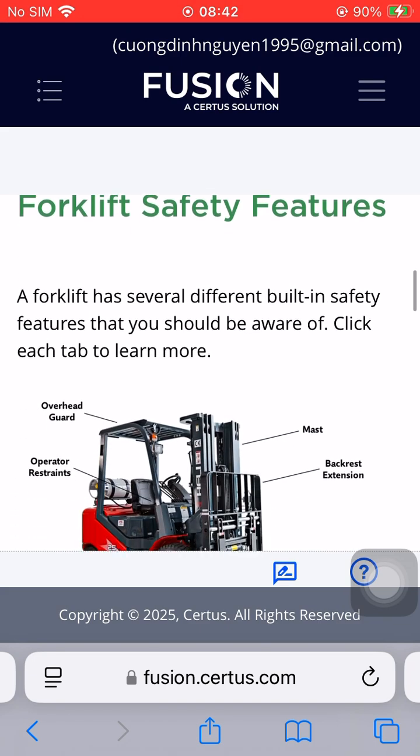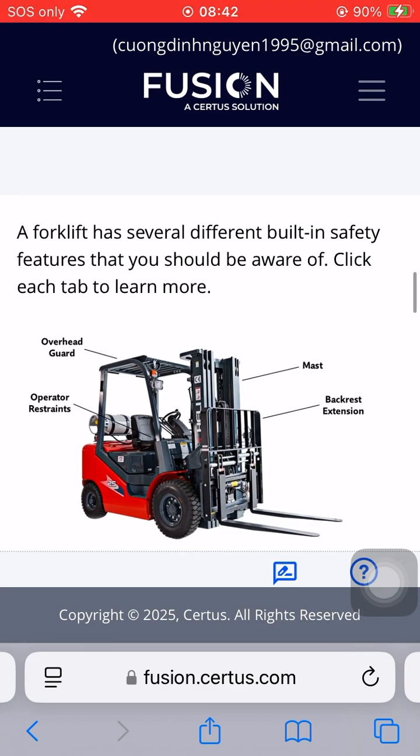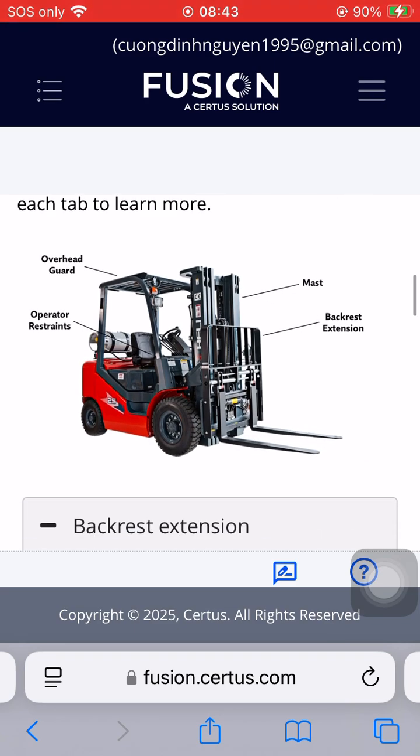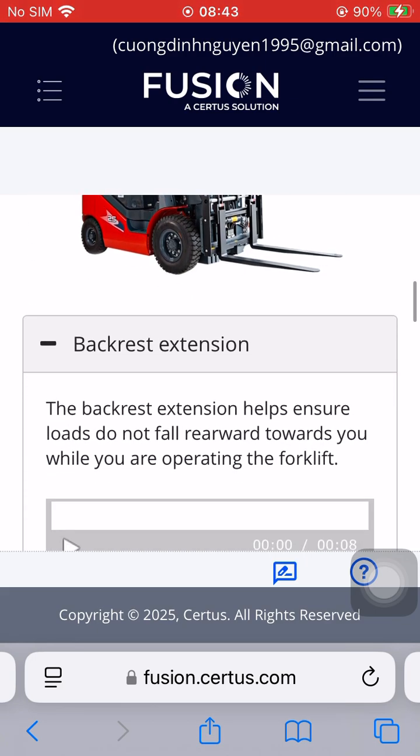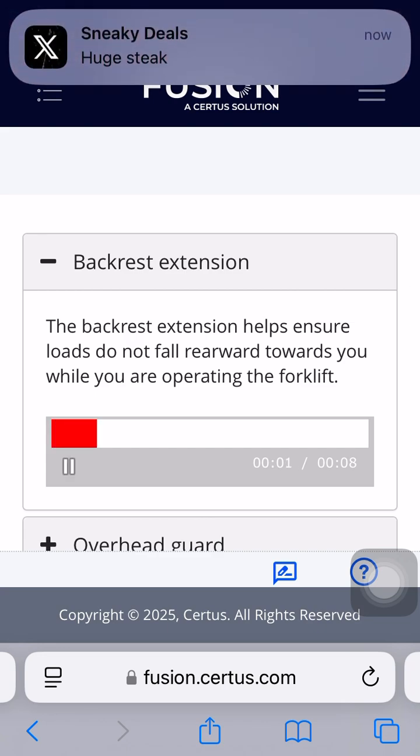Forklift safety features. A forklift has several different built-in safety features that you should be aware of. Click each tab to learn more. Backrest extension.